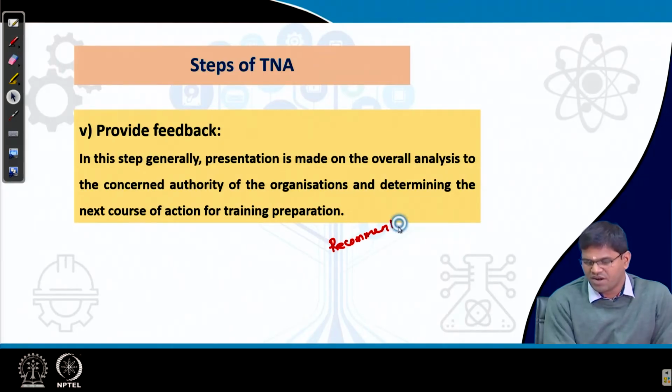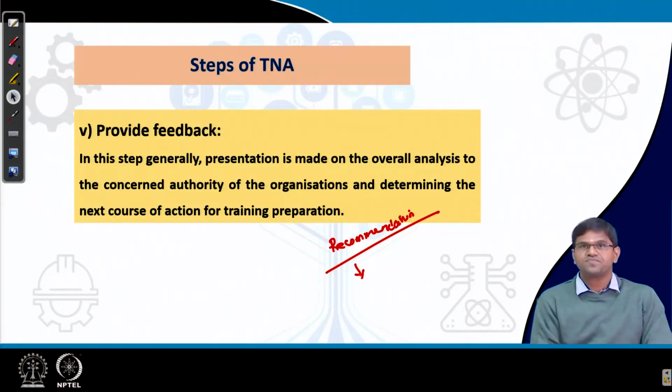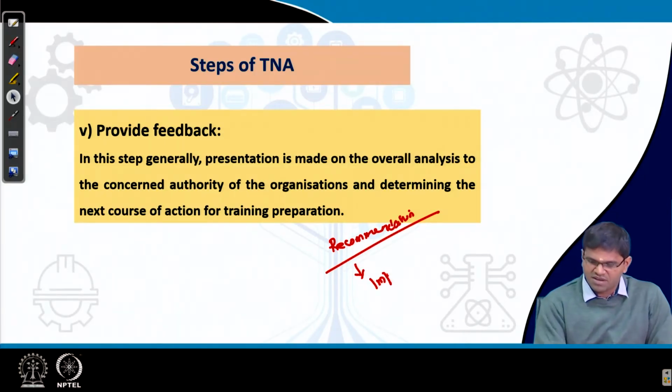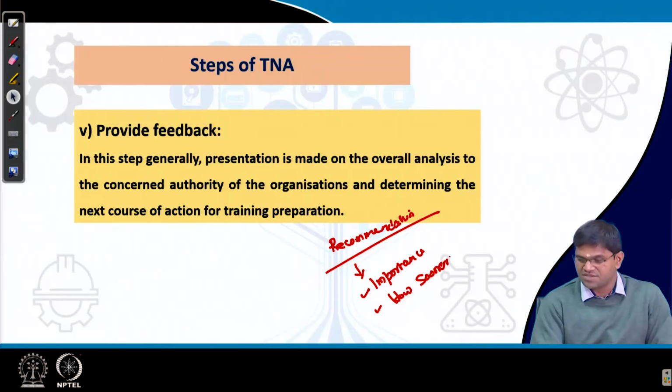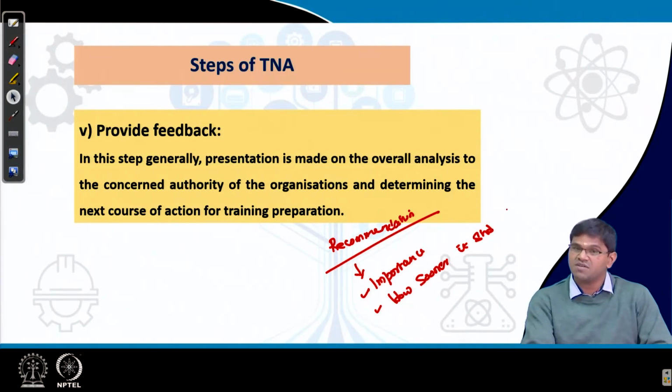So you would have provided recommendations, and then this team will see how important each recommendation is. They will classify the importance and how soon it should be addressed, and the seriousness of the deficiency.